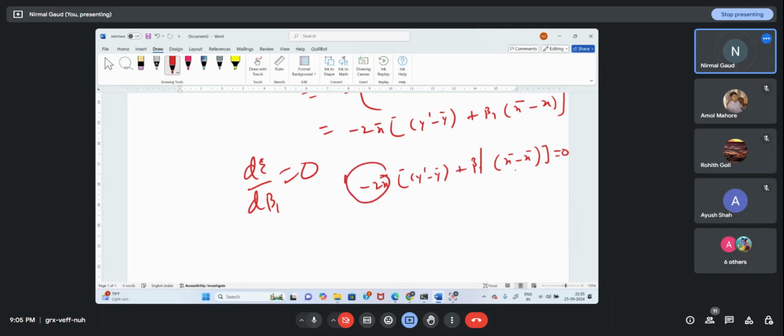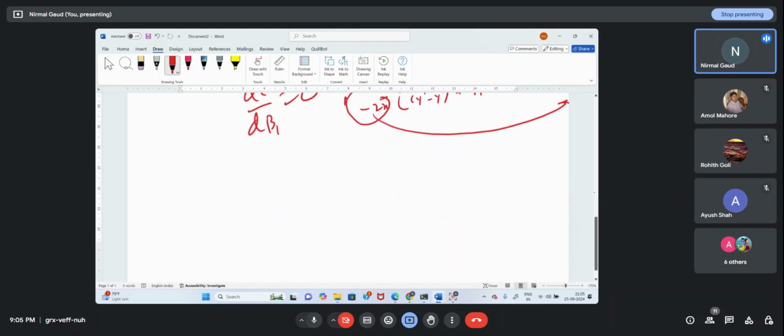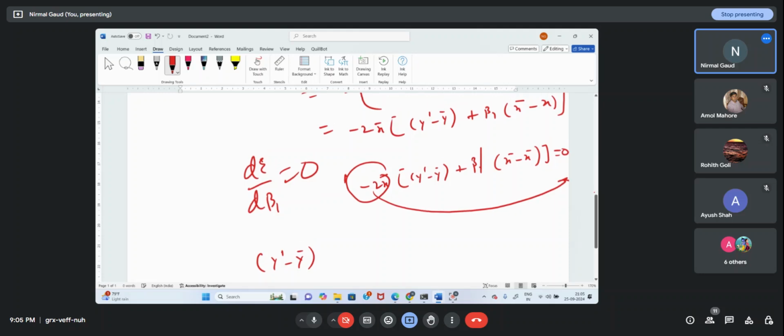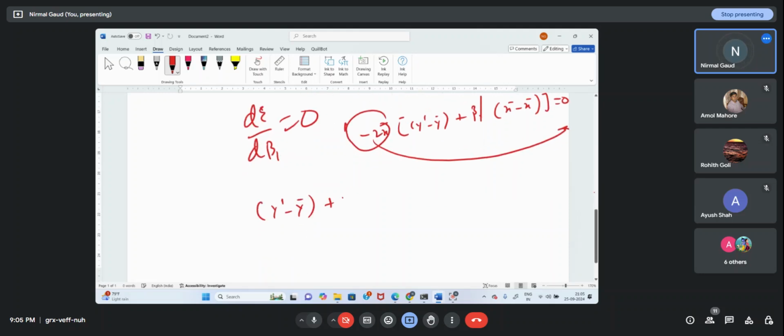So bring this down, so that will be equal to 0. And what I am left with is y dash minus y bar plus beta 1 x bar minus x is equal to 0. Okay, so bring it here on this particular side.